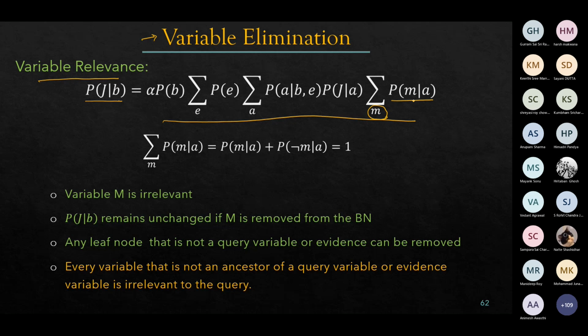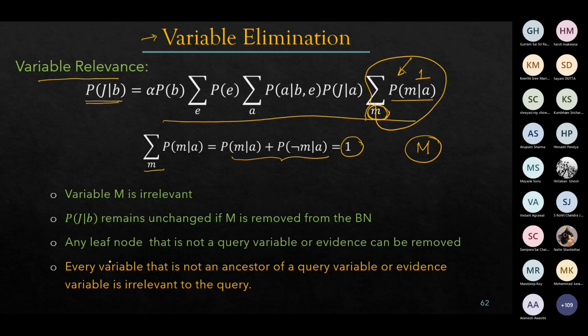Now one can observe that while you are doing the sum out operation on M, this M can take positive and negative values. And if we add them, we always get the value 1. What does that imply? That implies that if we plug in that value here, this variable does not have any relevance. Why is that? Because the probability of J given B remains unchanged if you remove this altogether. The variable M is no longer relevant to the computation of this, right?